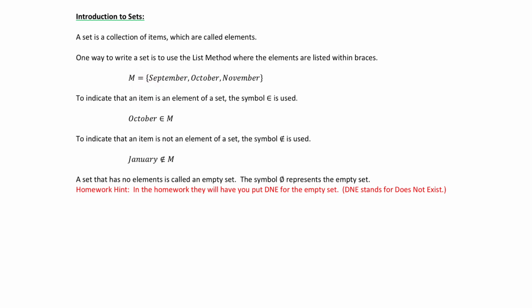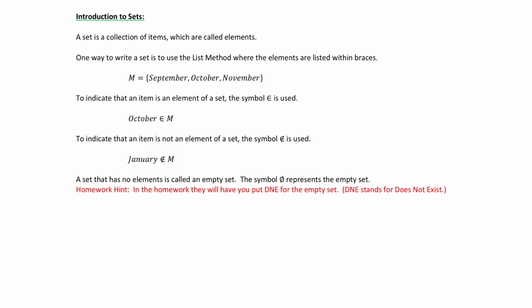Okay, so this is called the list method, where you just say the set M has these elements, and you list them all with commas, inside the squiggle brackets. You'll notice I said that all of these things that they're counting are elements. To say whether, in this case, a month is in the set or not, this means "is an element of," and this means "is not an element of."